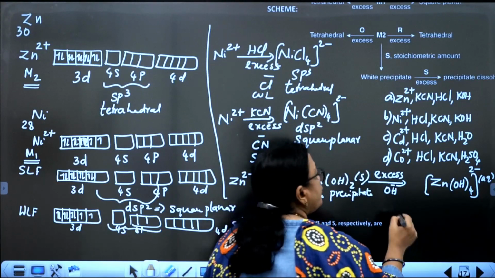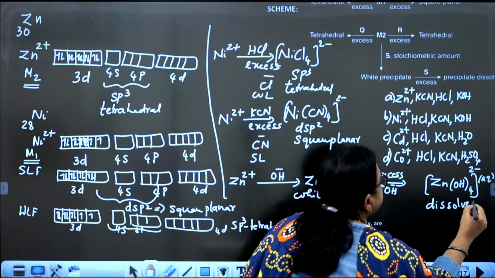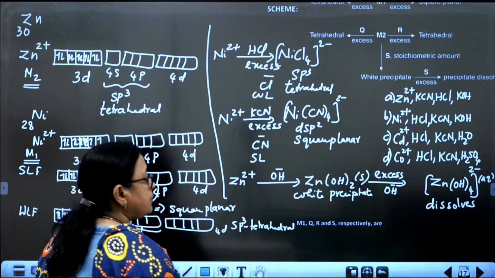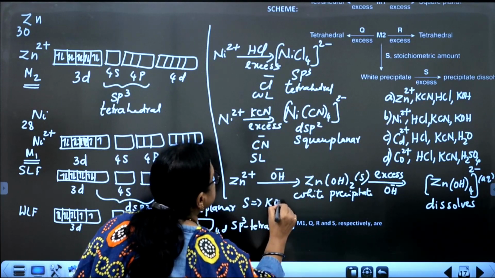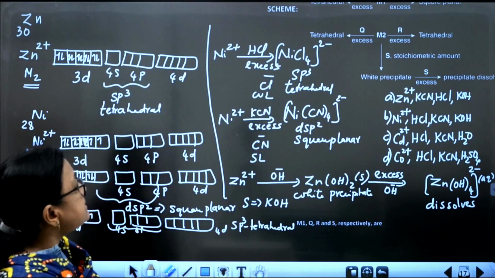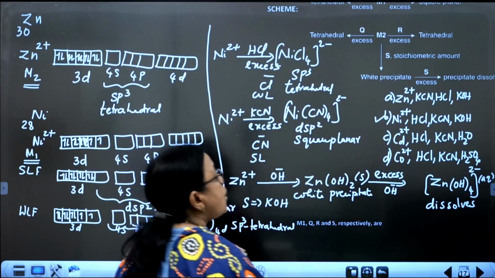So it dissolves. First it gives a white precipitate which dissolves in excess of the same reagent. So the reagent S can be KOH. So from these explanations, it's very clear what our correct option must be.